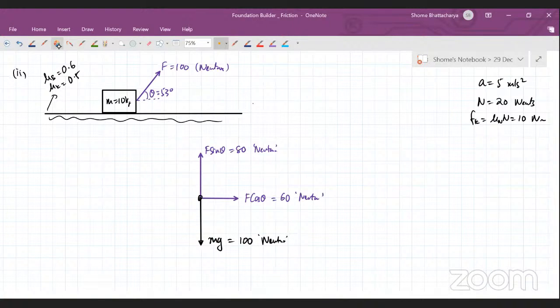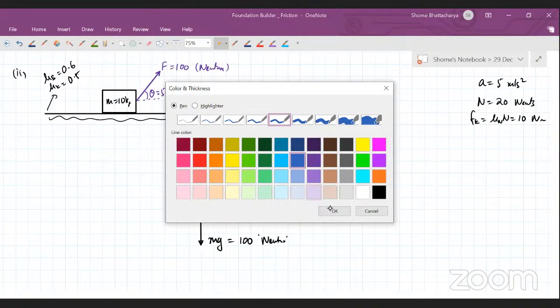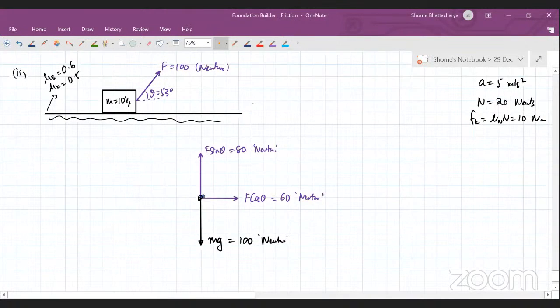So that shows me that the normal reaction is now going to be how much? It is going to be mg minus F sin theta. So the normal reaction is going to be only 20 newtons. The first thing I can see is that N plus F sin theta is equal to mg.